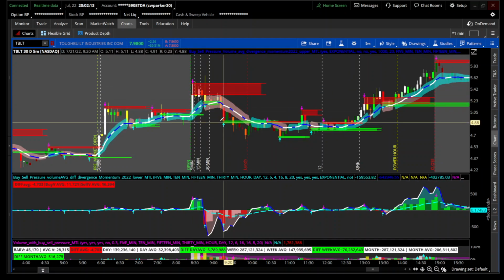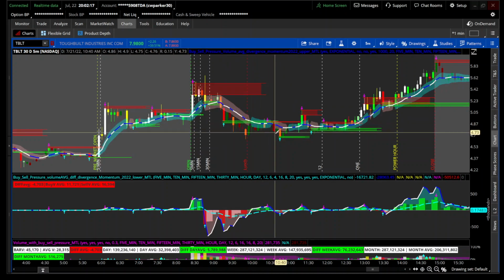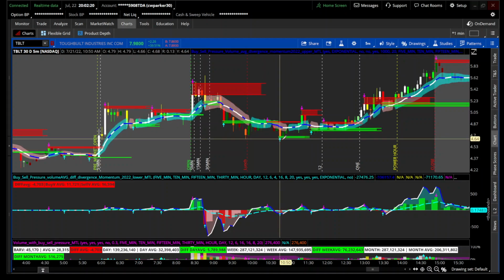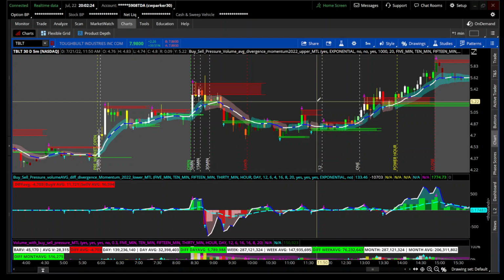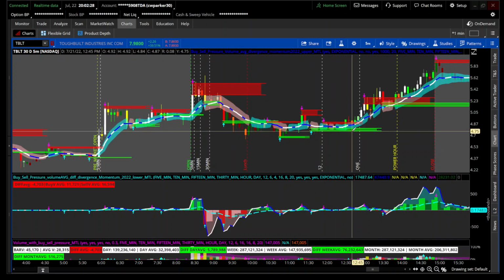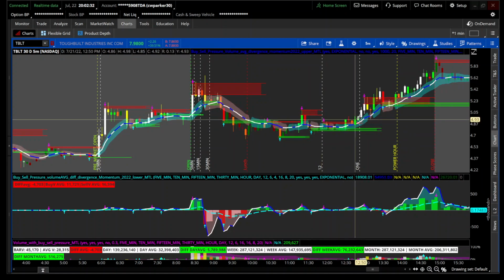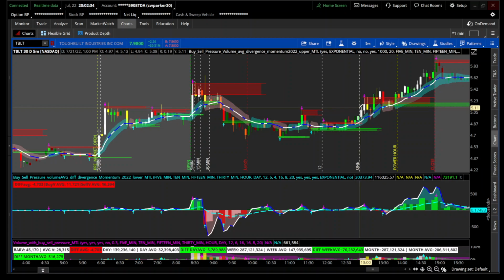It tried to stay in this area of support, and it got pushed down, came back, got rejected, and then it got support right here. You got a higher low on the divergence, and you got this area acting as support, and then this area acting as resistance, but it got pushed up above that.